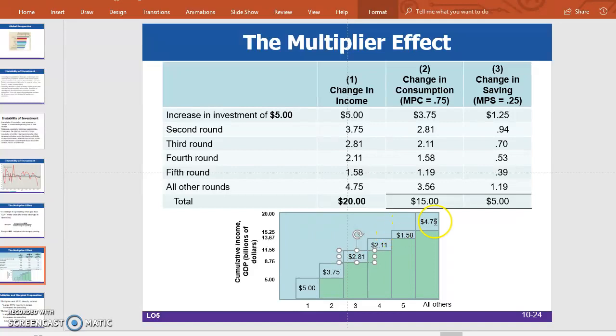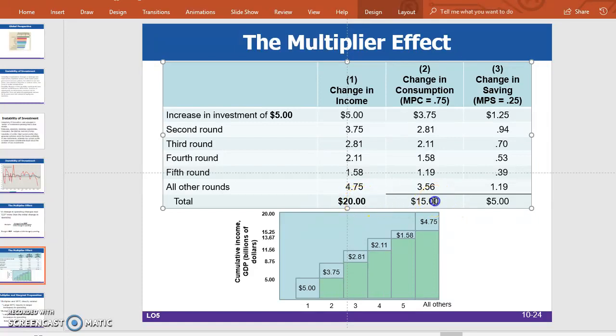And ultimately, when you count all these changes together, it will be what? It will be $20, right? Given MPC is 0.75, a $5 initial increase in income will result in an increase in GDP of $20.